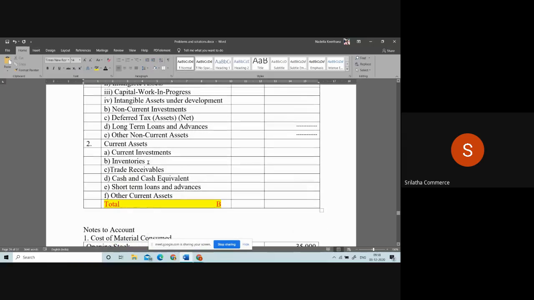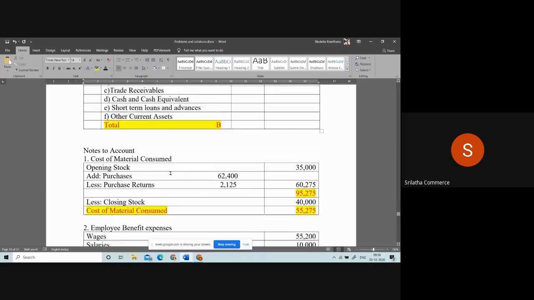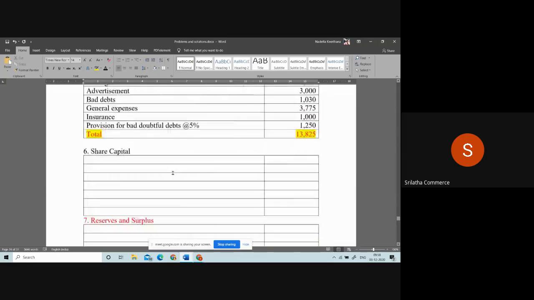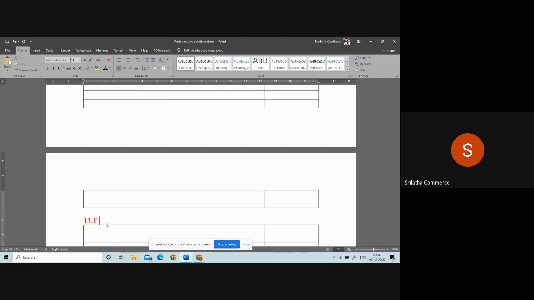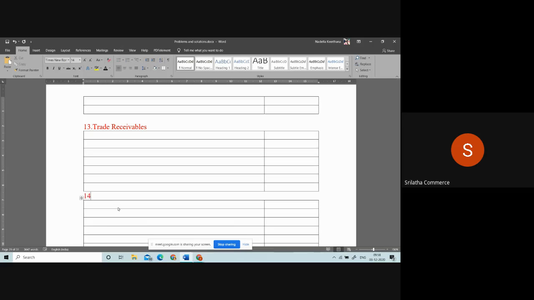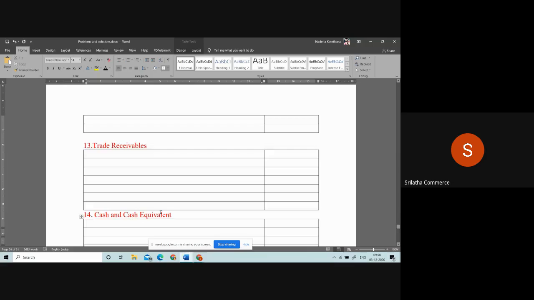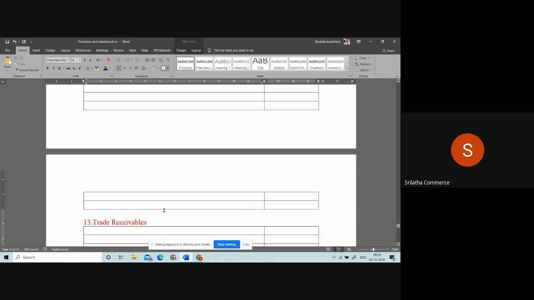Trade receivables, we'll take trade receivables, cash and cash equivalent. Trade receivables, 14 is cash and cash equivalent. I think we completed. Perfect.